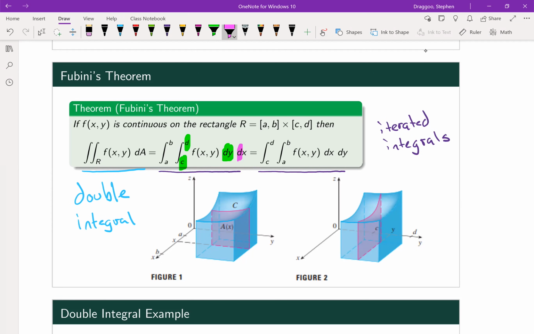While if the x is on the outside, then the bounds for x also end up on the outside integral. And if we want to switch the order, it's just important that those bounds follow the integrating factor, like they do here.